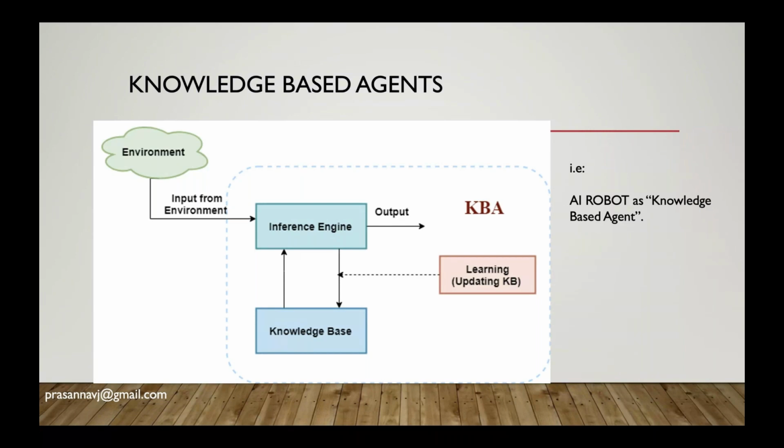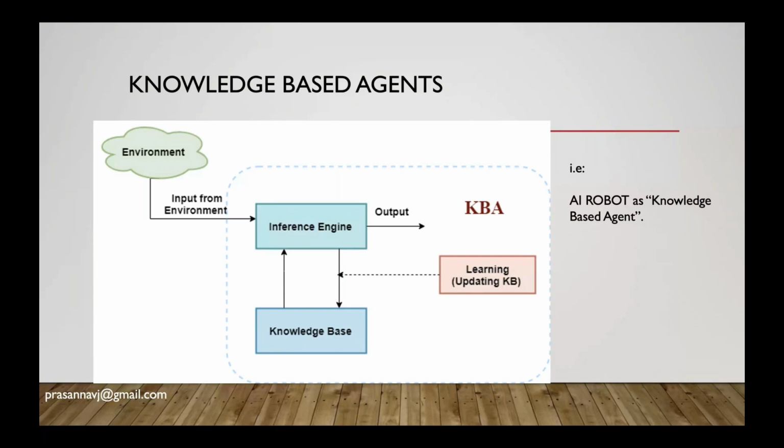There is an inference engine which understands what is happening in the environment. The inference engine also goes to the knowledge base and identifies what it has to do. The activity assigned for the robot is that it has to go and pick up the actual box. Based on that knowledge base, it performs an output.